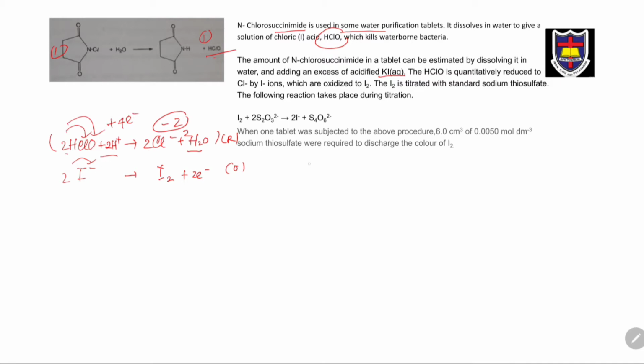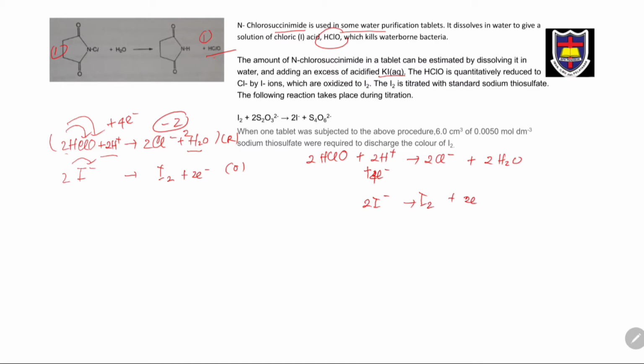Then we have 2HClO plus 2H plus to be 2Cl minus plus 2H2O plus 2e minus. For the oxidation, 2I minus to be I2 plus 2e. This is 4.